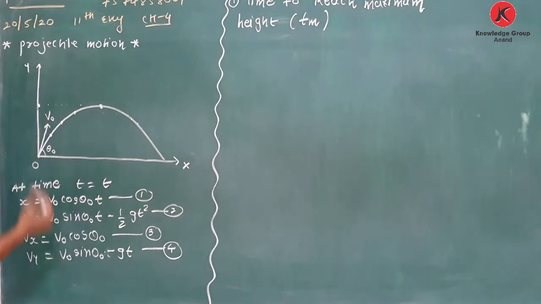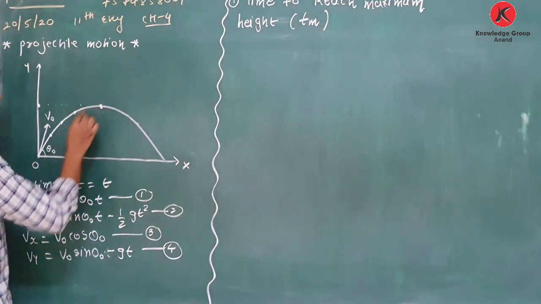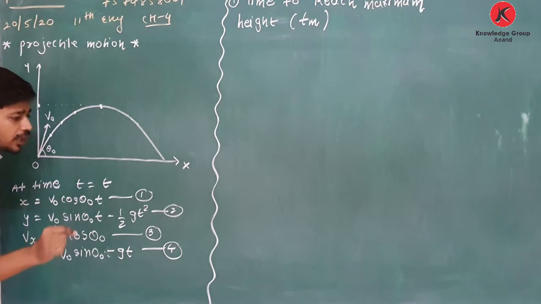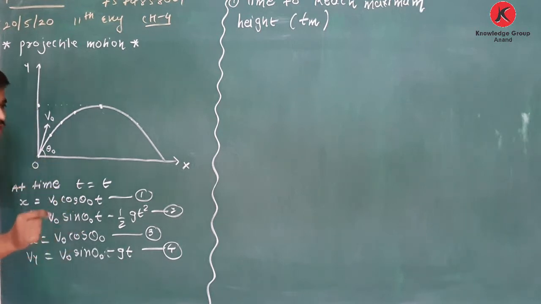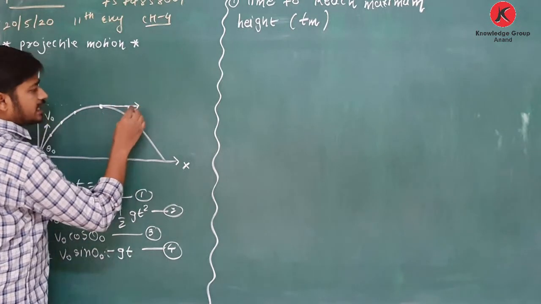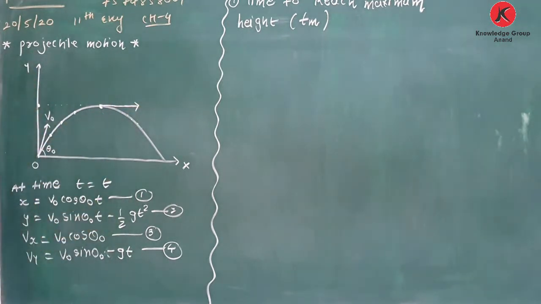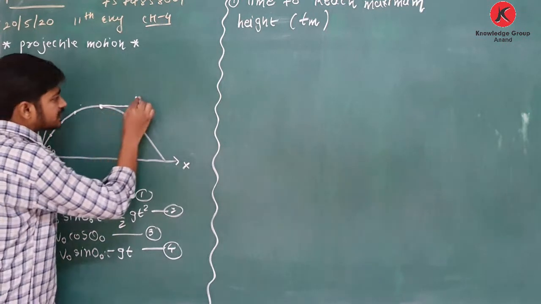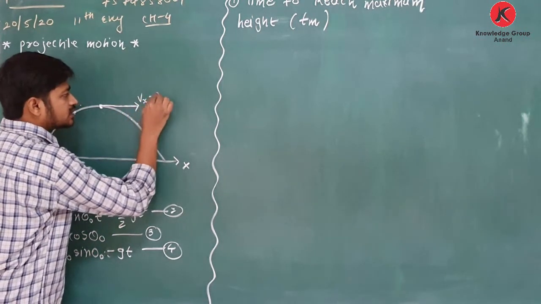So how to find this time? We have one condition. Remember from the last lecture, at each and every point, the direction of velocity is in the direction of the tangent at that point on its path. If it is the point of maximum height and I draw a tangent here, then the velocity is in this direction, which is horizontal.